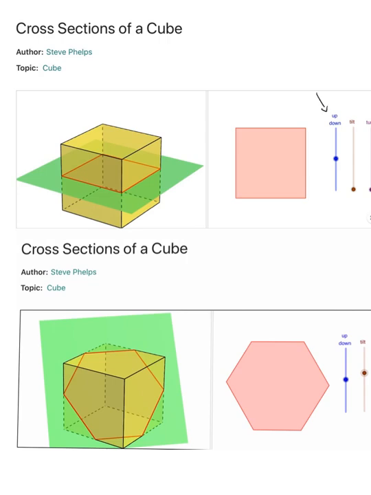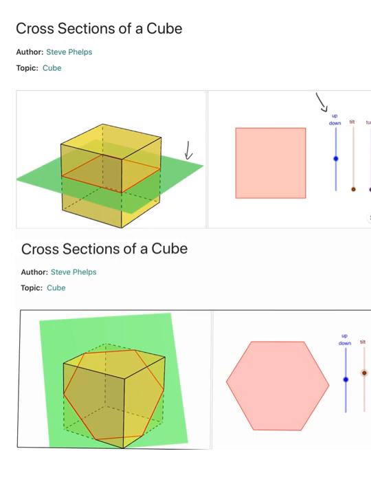That will move your plane up or down, and then you can tilt it and you can turn it. What I did here is I moved it up and then down just slightly, and I tilted it. You can play around with moving those and you'll be able to see this cross section.